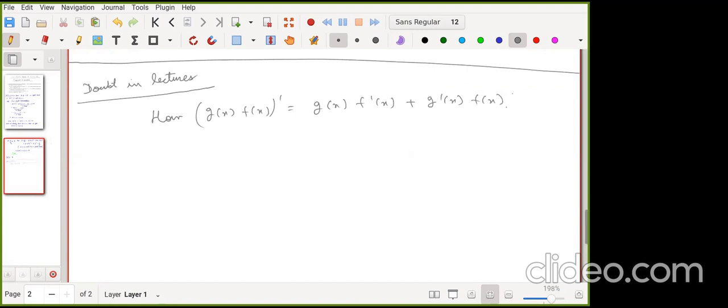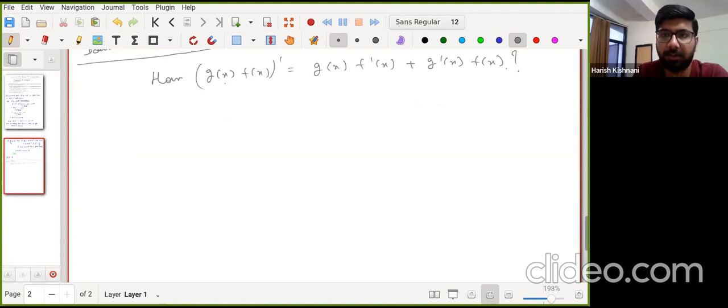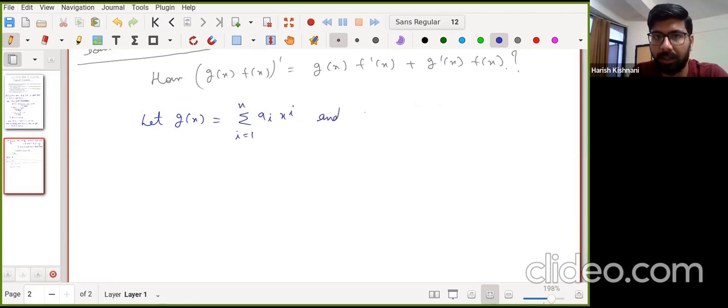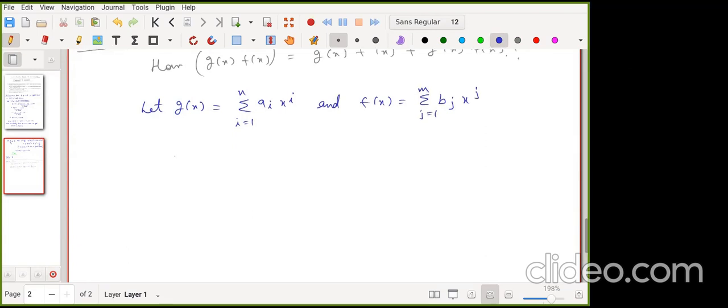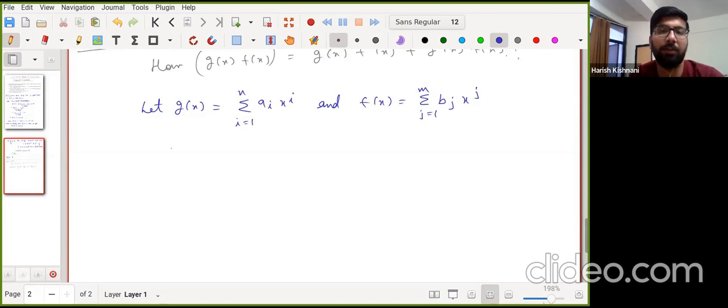So let g(x) be the summation of a_i x^i, i from 1 to n, and f(x) be the summation of b_j x^j, j from 1 to m. Now you have to evaluate the LHS and RHS separately, and then we will get the equality.